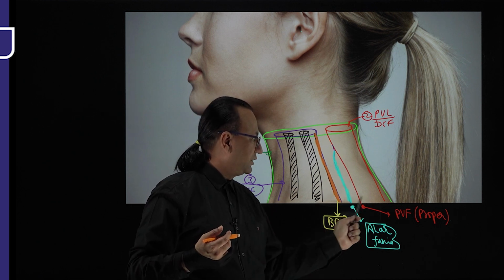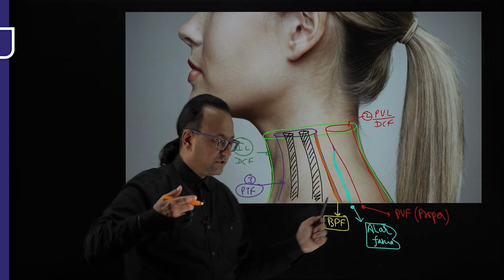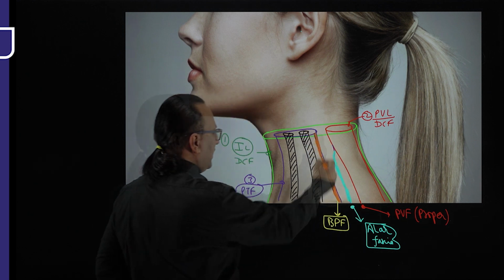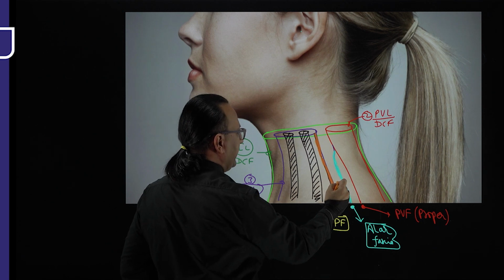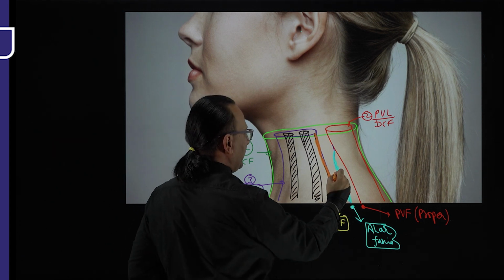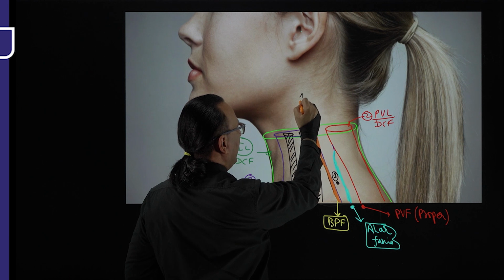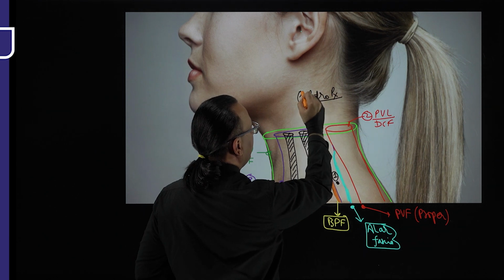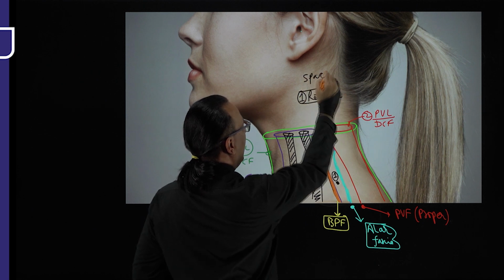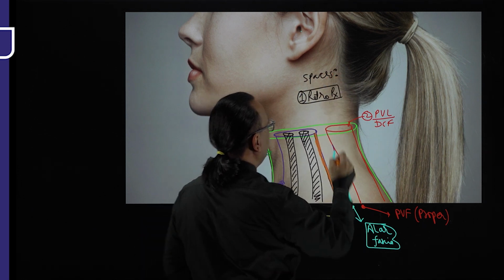And what are the three spaces then? Talking about the spaces, you will find this is the pharynx becoming esophagus, and behind that there is a space, and that space you can put as number 1 is called the retropharyngeal space. So space number 1 is the retropharyngeal space. And where is this retropharyngeal space?